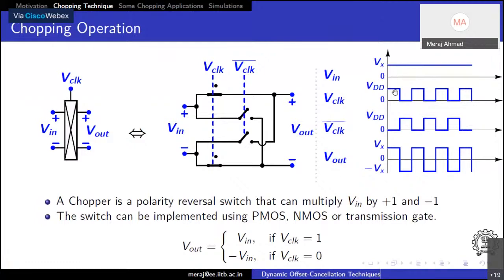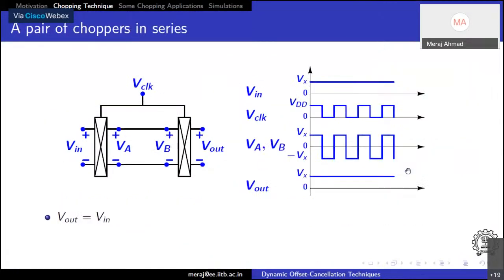You can see that when the clock is high, Vout is exactly the same as Vin. And when the clock is low, the other switches turn on and we have negative Vx. So with this switching arrangement and clock, the chopper just multiplies by +1 and -1 based on the frequency. This is one of the time domain representations for a chopper amplifier.